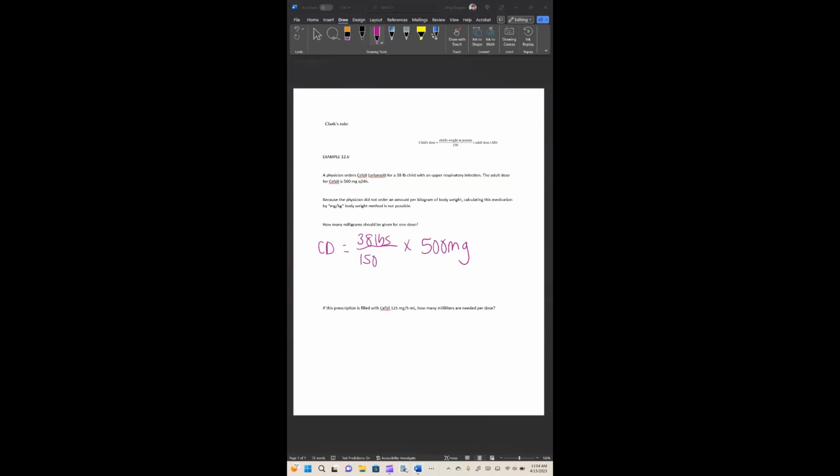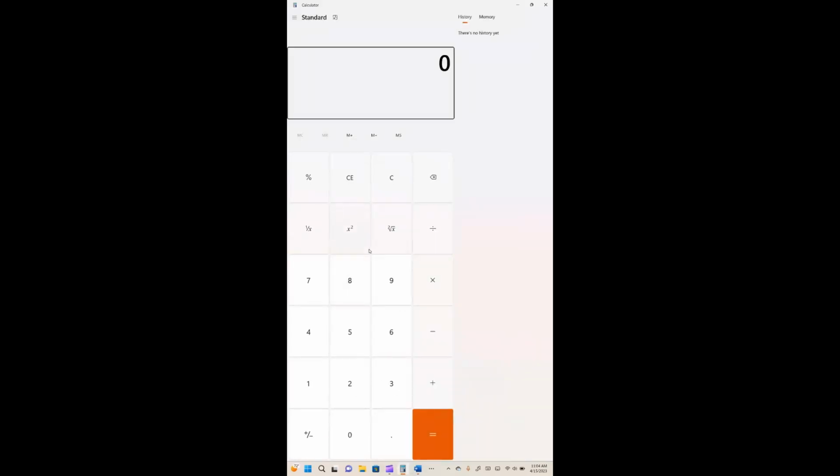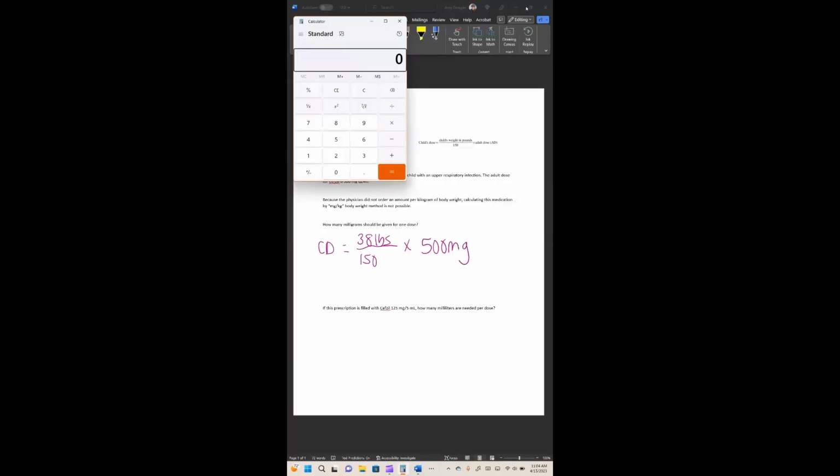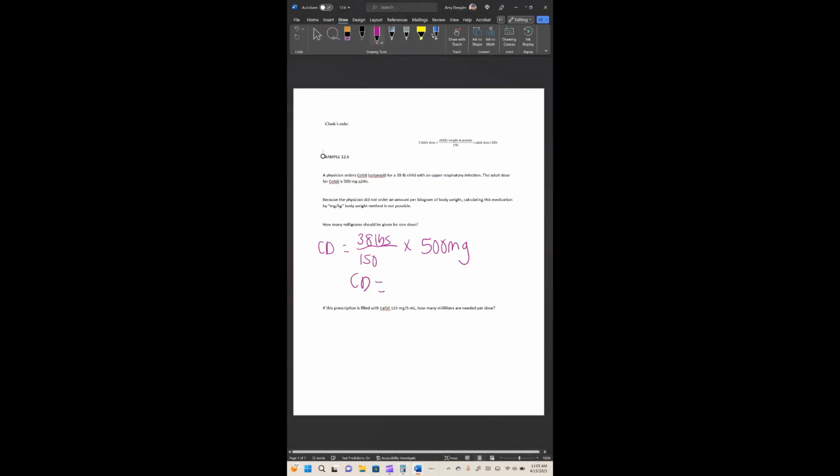So now in my calculator, I am simply going to do 38 divided by 150 times 500, which gives me 126.66. We're going to round that to 126.7 milligrams.